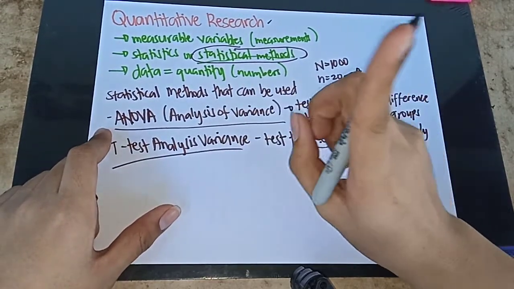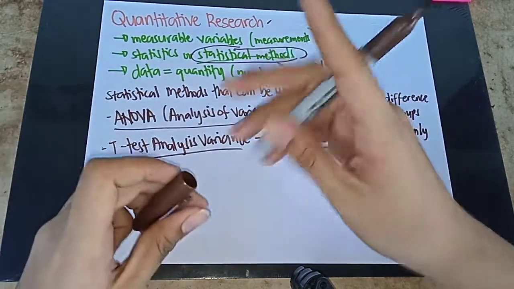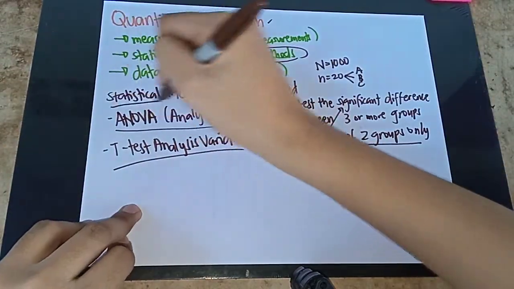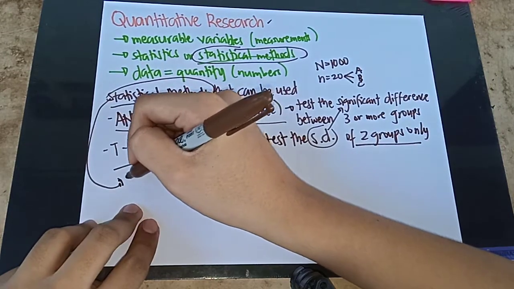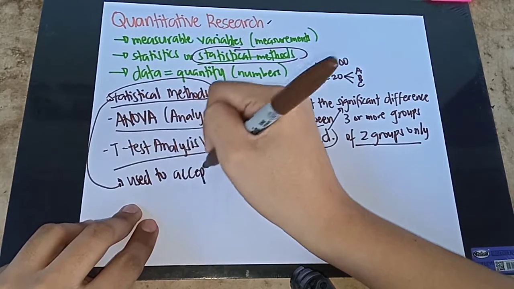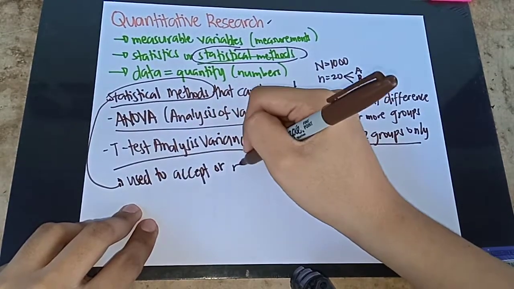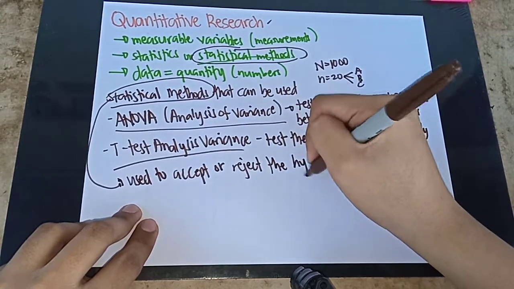Now, why do we need statistical methods? Statistical methods are used to accept or reject the hypothesis.